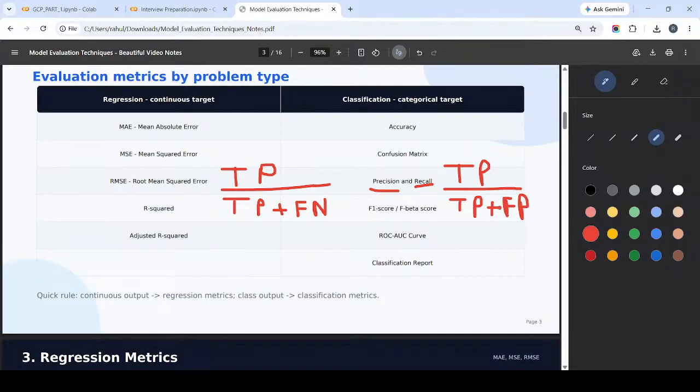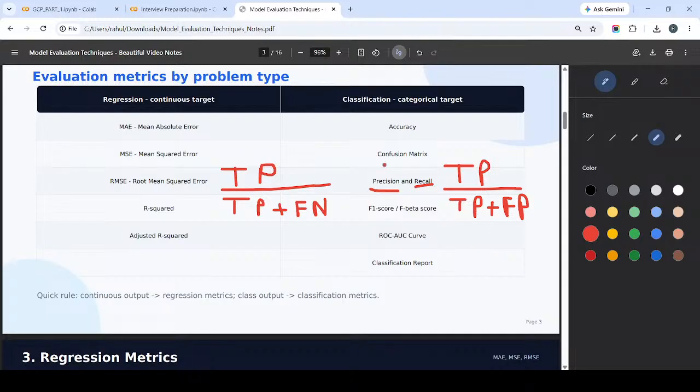This is what we call precision. Precision generally measures how precise our classifier is when predicting positive instances.